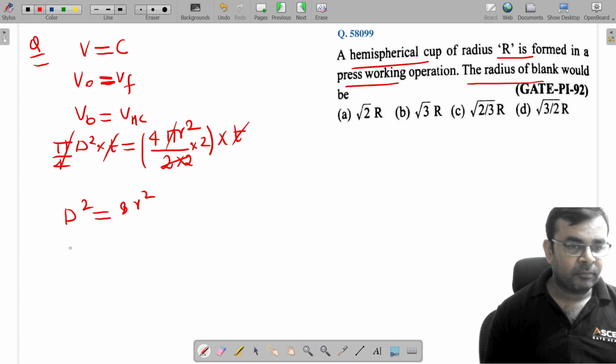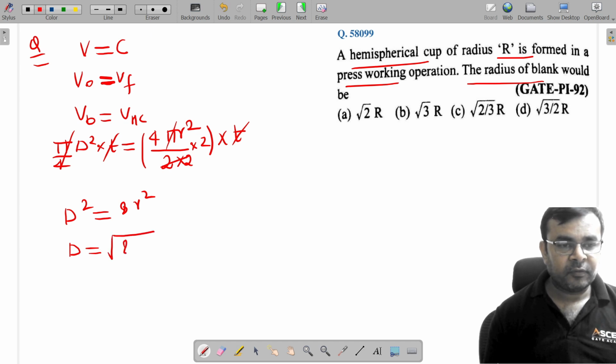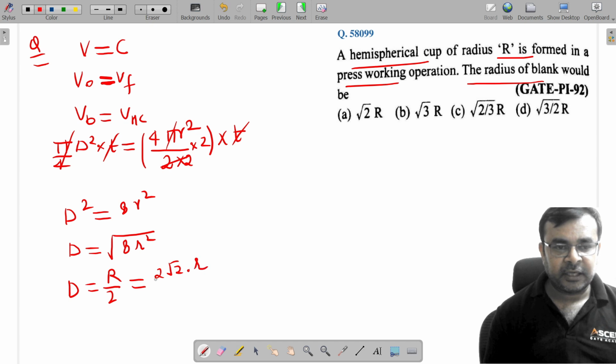So simply from this, the diameter can be written as square root of 8 r square, and obviously if you represent this in terms of radius, actually here we need to find out radius of the blank, which is capital R. So D by 2 is 2 root 2 times of small r.